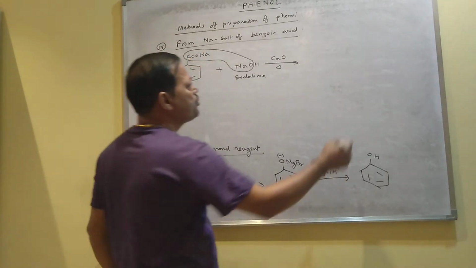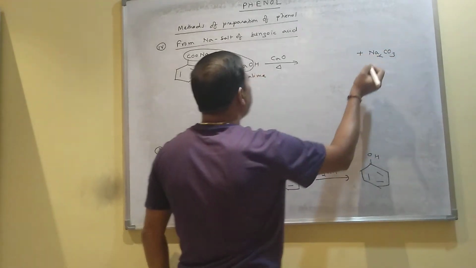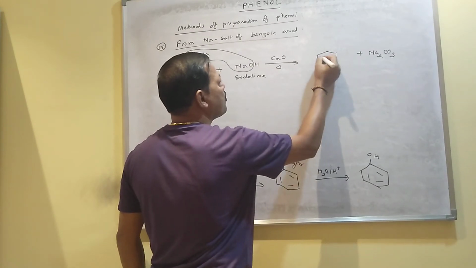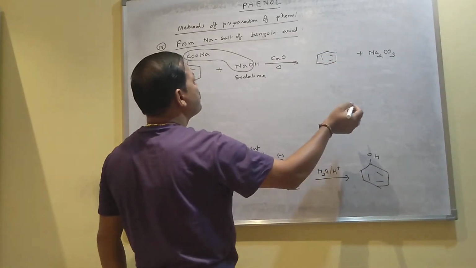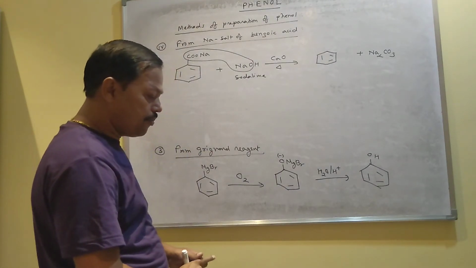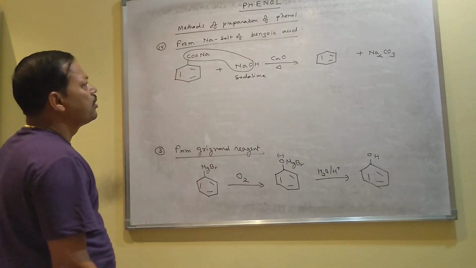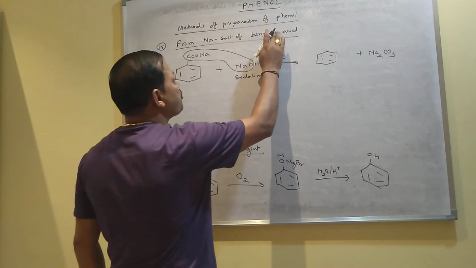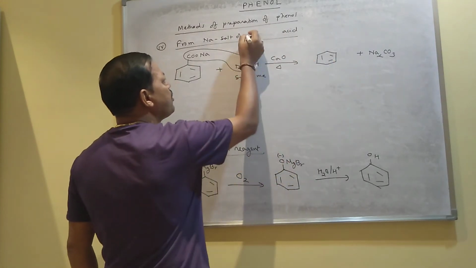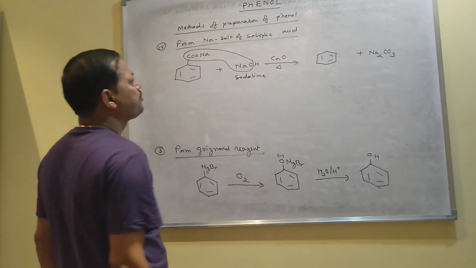I mean they will produce Na2CO3 sodium carbonate, and the remaining part will be benzene. Sorry, something is wrong here. This should be from sodium salt of salicylic acid, otherwise you will get benzene.